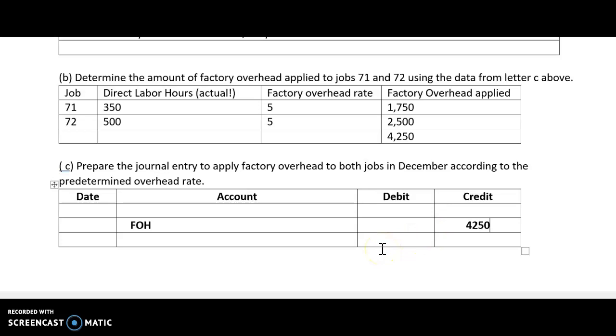And where are we going to put it? Well, whenever we put anything to a job, it goes into work in process for the $4,250. So in other words, we didn't know how much of this went to jobs 71 and 72, but based on this estimate, we have just assigned some of it to jobs 71 and 72. That's what we've done here when we've allocated our factory overhead.